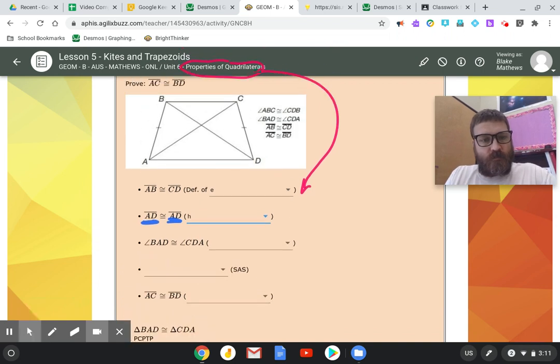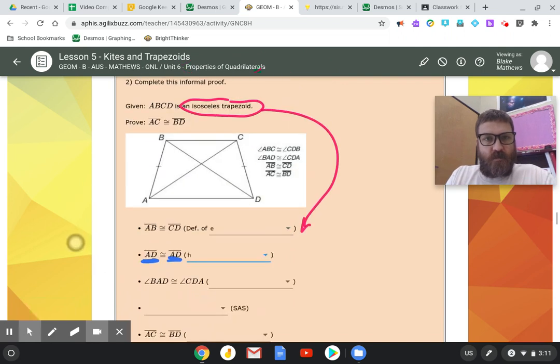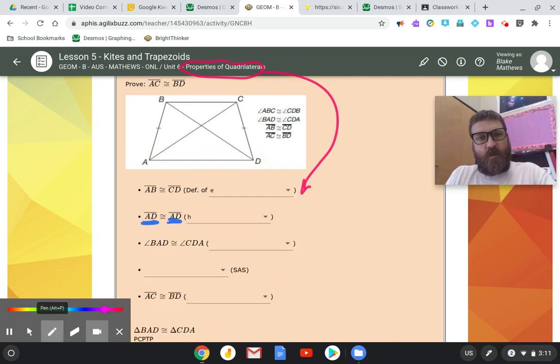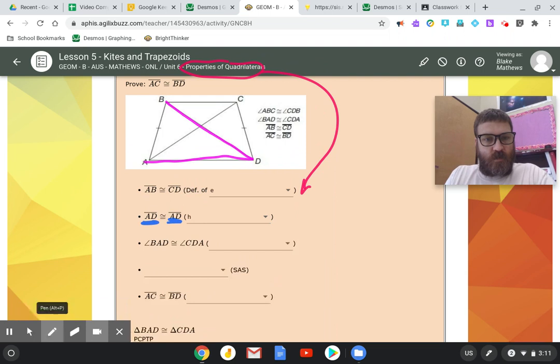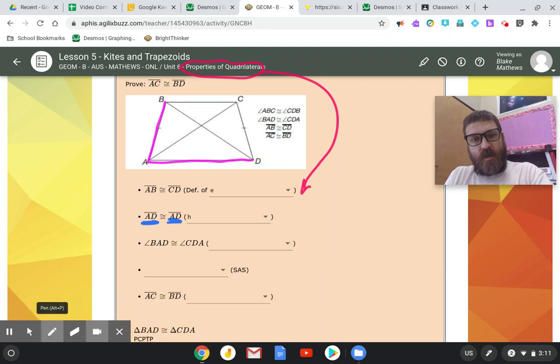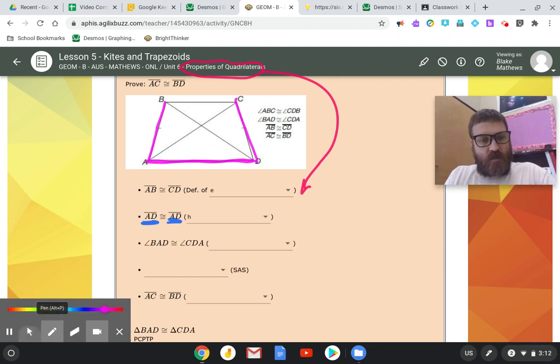Then we get an angle. BAD is congruent to CDA. Okay. How could we know that? Let's look at where those are. Well, I did that backwards. I'm sorry. BAD, read more carefully, BAD is congruent to CDA. Well, how do we know that?